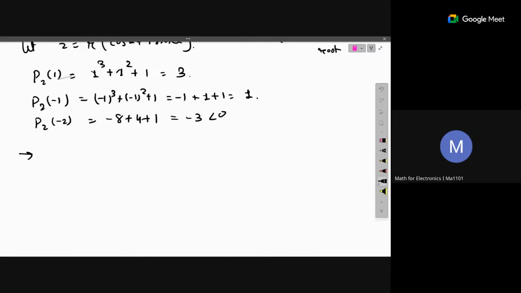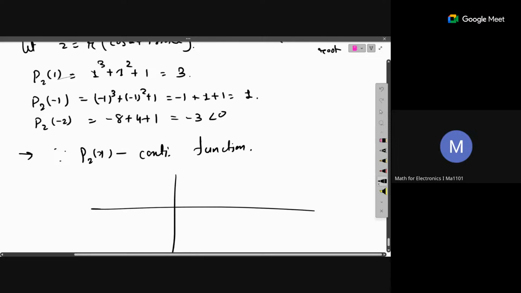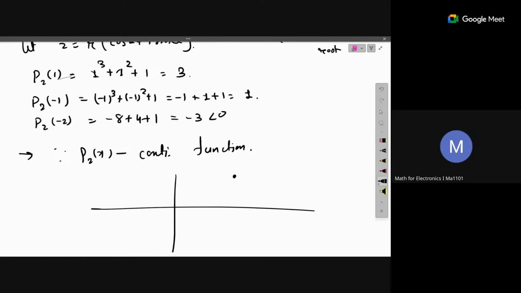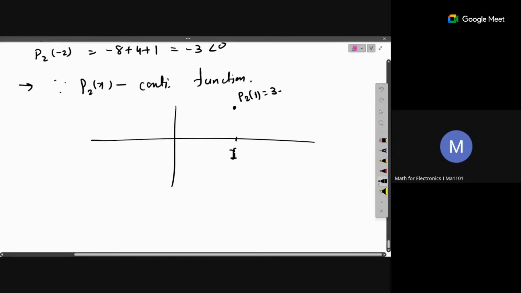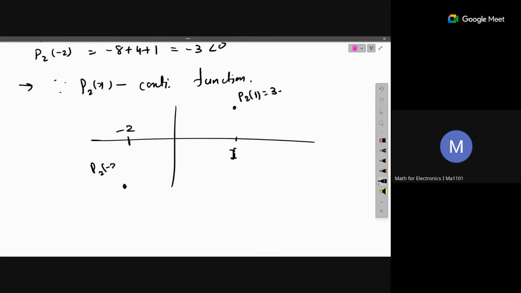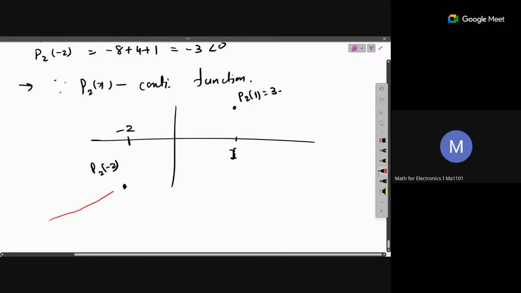Since our polynomial P2 of x is a continuous function, and it has one value in the positive region, P2 of 1 which equals 3, and one value in the negative region, P2 of minus 2, the function must cut the axis somewhere in between.